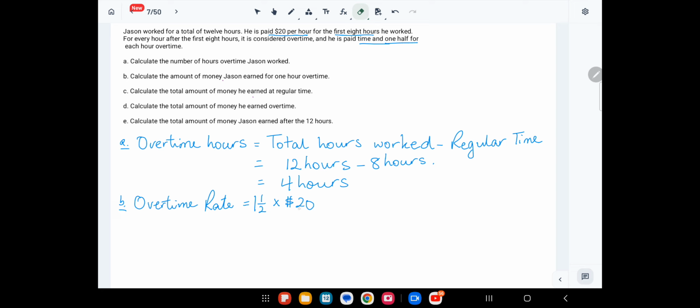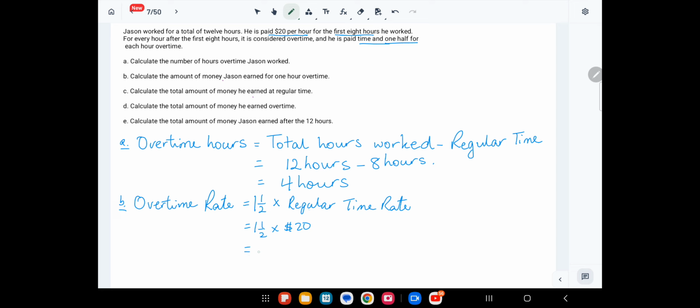Alright, let's write it on this. So we know that is equal to 1 and 1/2 multiplied by 20 over 1. And to multiply mixed numbers, we convert the mixed numbers to improper fractions.